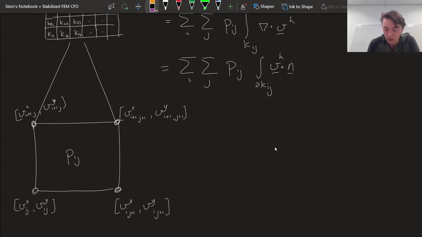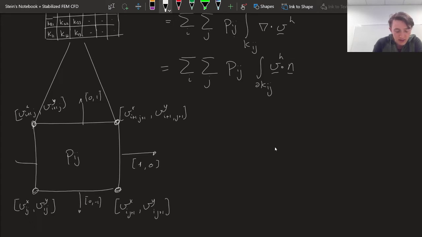How about these normals? Well, naturally the normals are the outward pointing ones. So we simply get 1, 0, 0, 1, and opposite ones of 0, minus 1, and minus 1, 0.